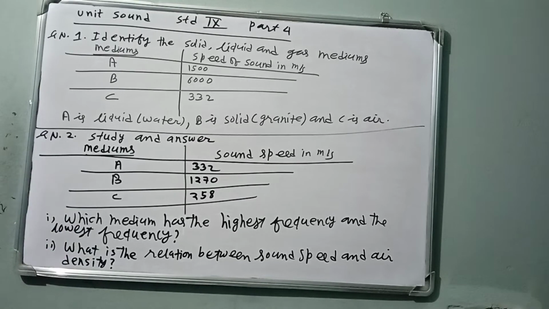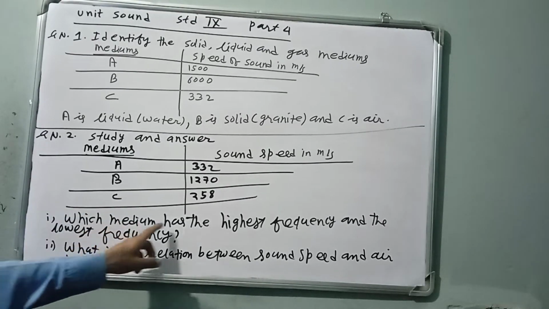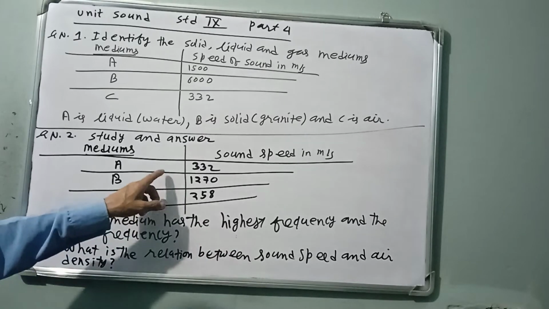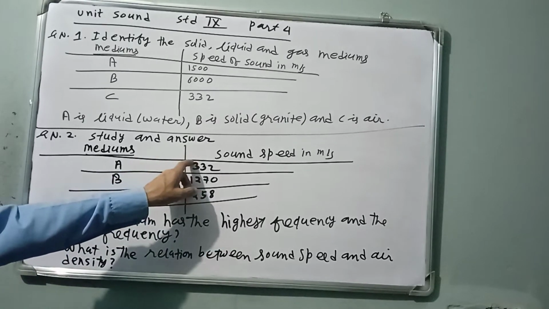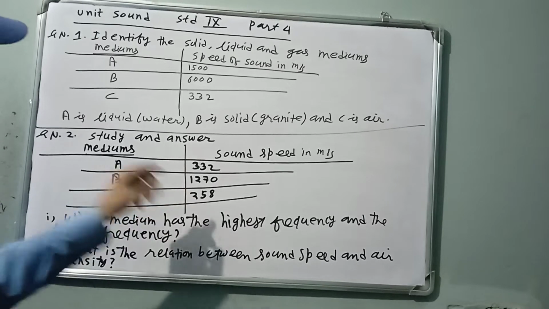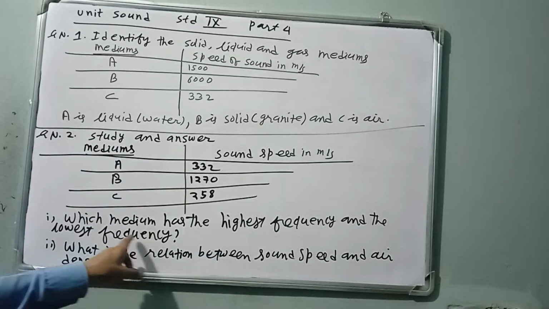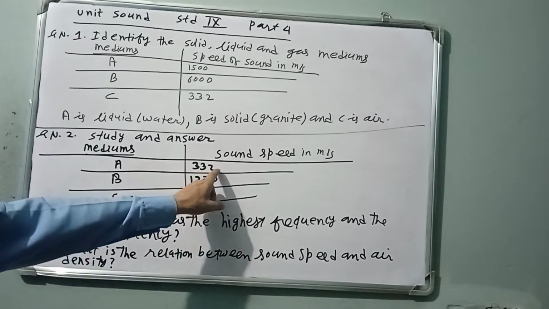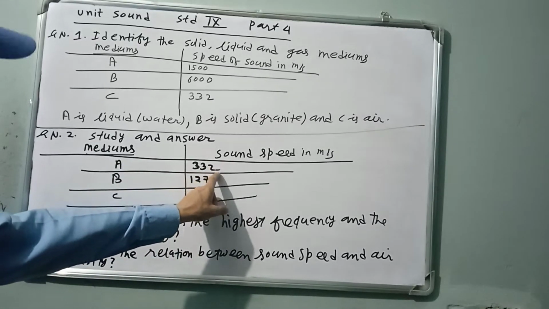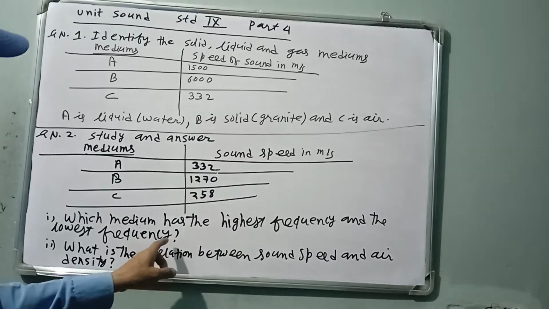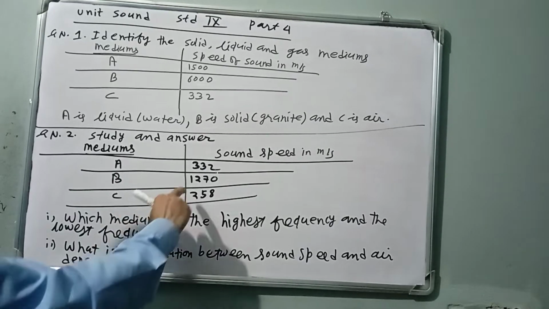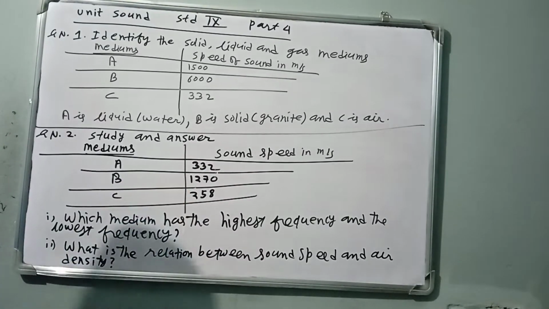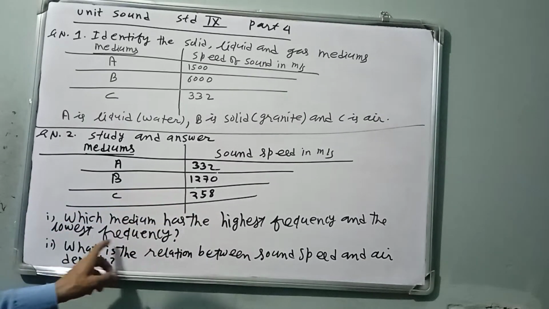Just studying the diagram, which medium has the highest frequency? We know frequency and speed are directly proportional. So highest frequency, if you take speed, it is better to write here highest frequency B, because the speed is highest.